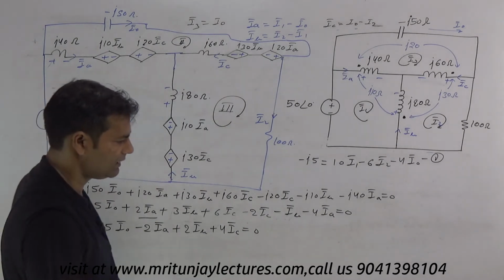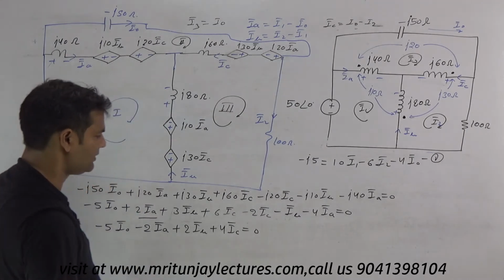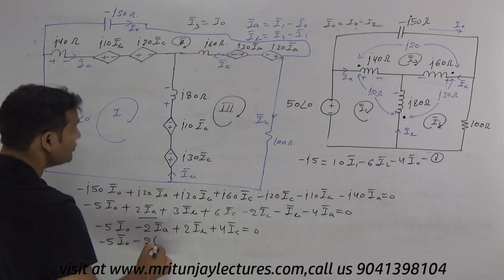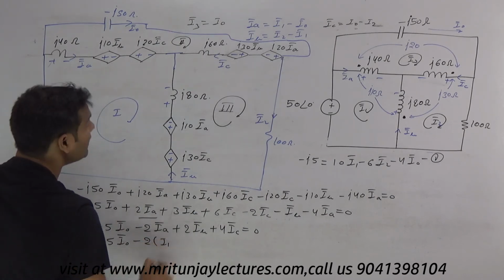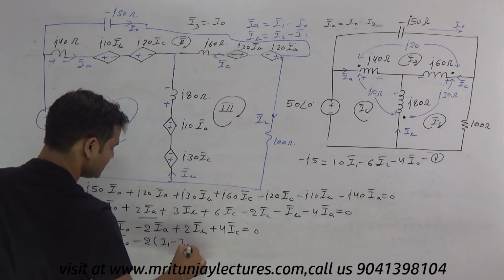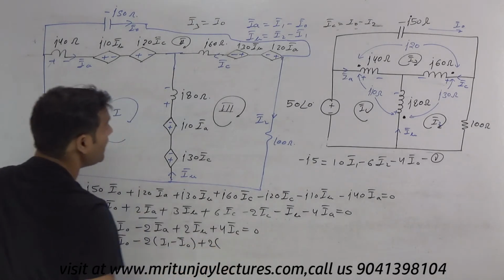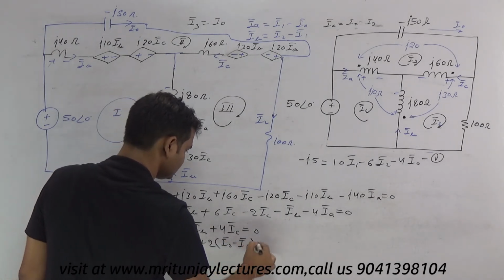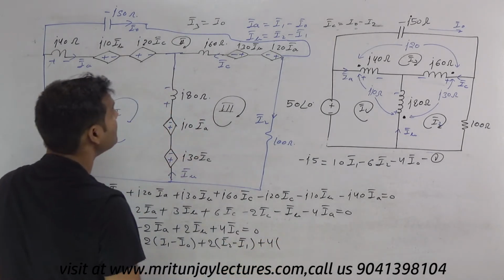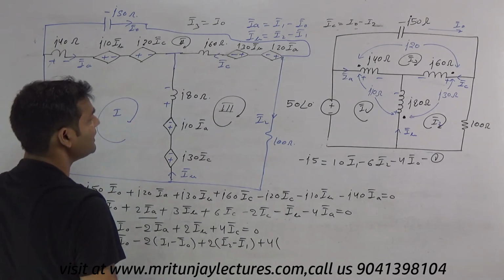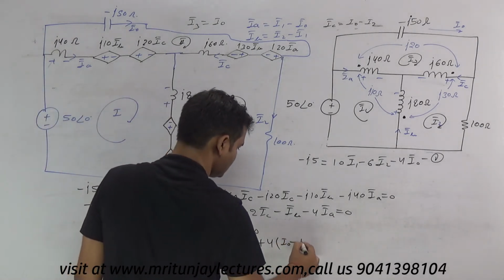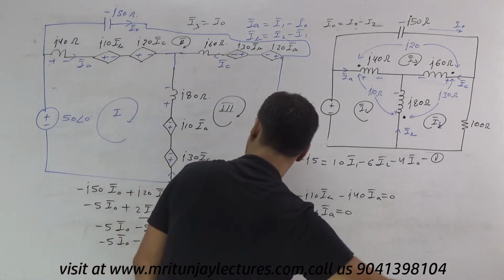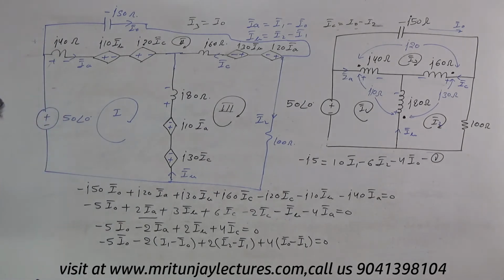IA, IB and IC correspond to this one. Now that is minus 5 I naught minus 2 times I1 minus I naught, plus 2 times I2 minus I1, plus 4IC. What about IC? IC is I naught minus I2. This is equal to 0.